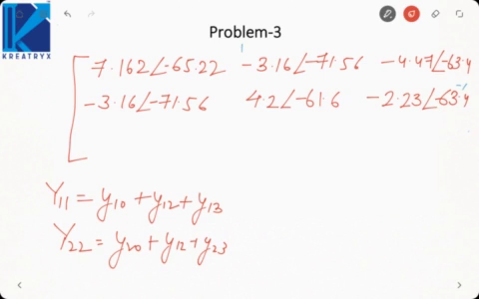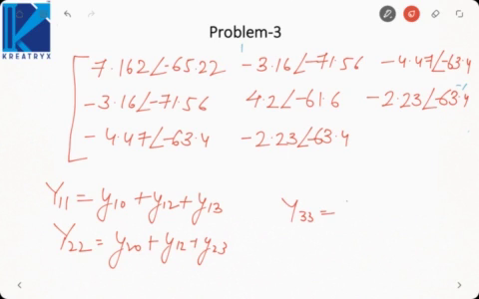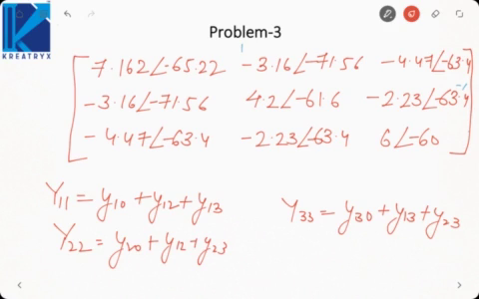Now y31 by symmetry it will be the same, y32 by symmetry, and y33 will be y30 plus y13 plus y23. So this will come out to be 6 angle minus 60. Okay, so this will be the Y-bus matrix for this network.